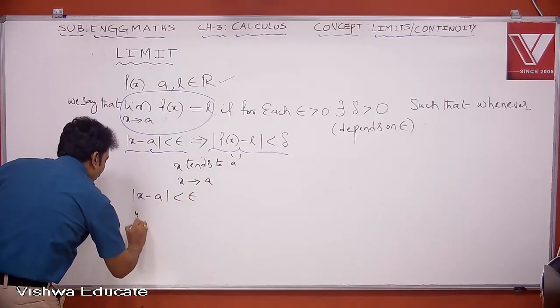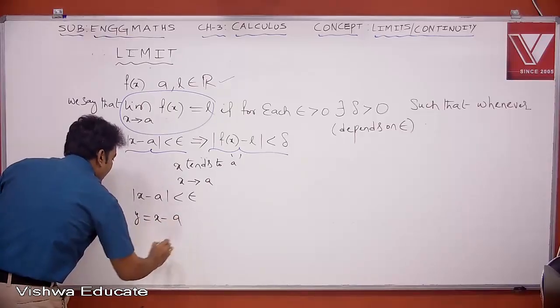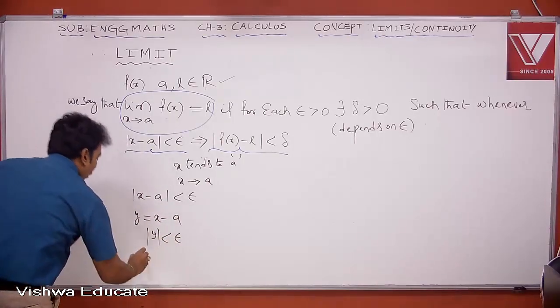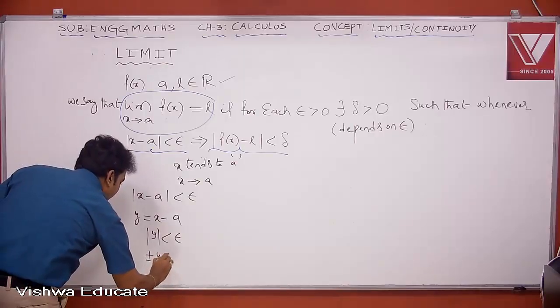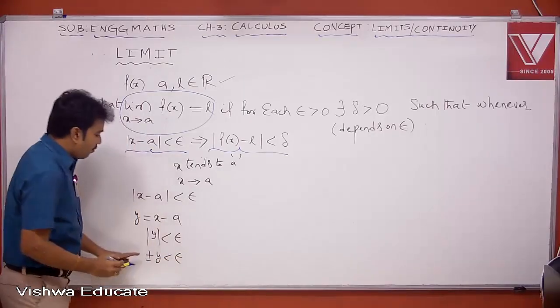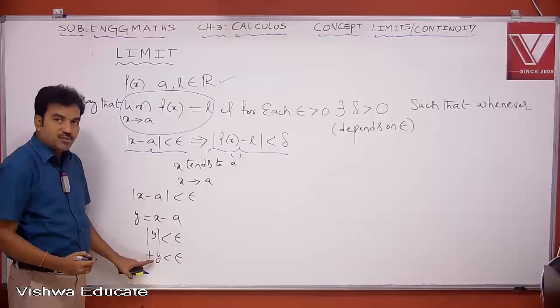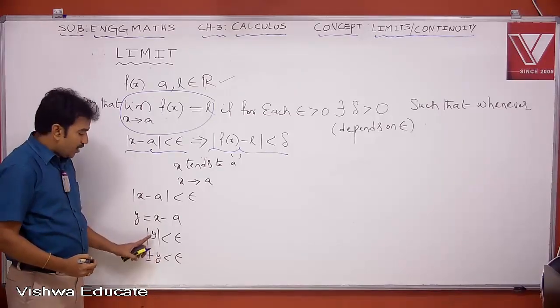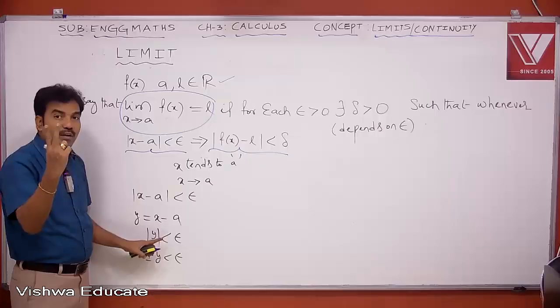Suppose I take y equal to x minus a. Therefore, modulus of y is less than epsilon. But mod y is nothing but plus or minus y. According to the definition of modulus, mod y is y or mod y can be minus y. So this is a combination of two inequalities.